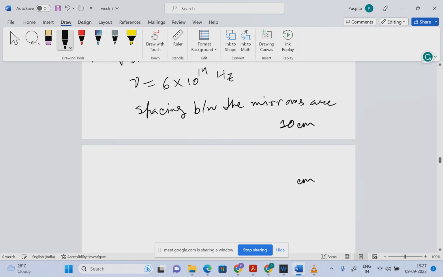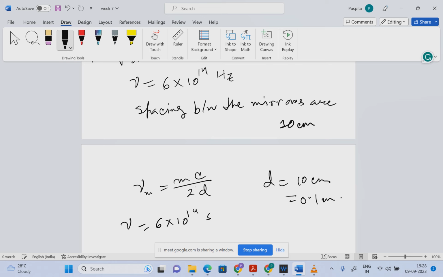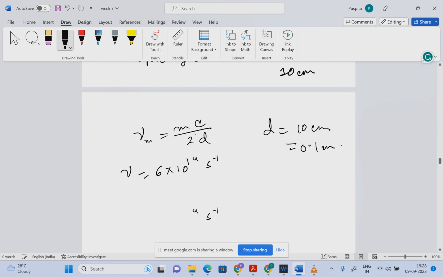So we have calculated nu n is equal to mc by 2d. d here is 10 centimeter, 0.1 meter. Nu here is 6 into 10 to the power 14 second inverse.